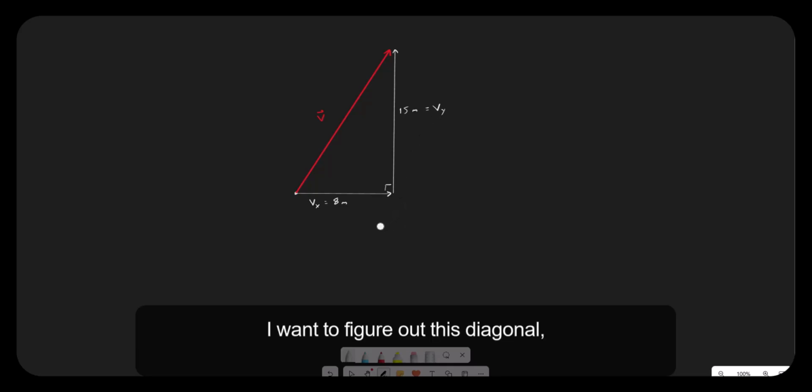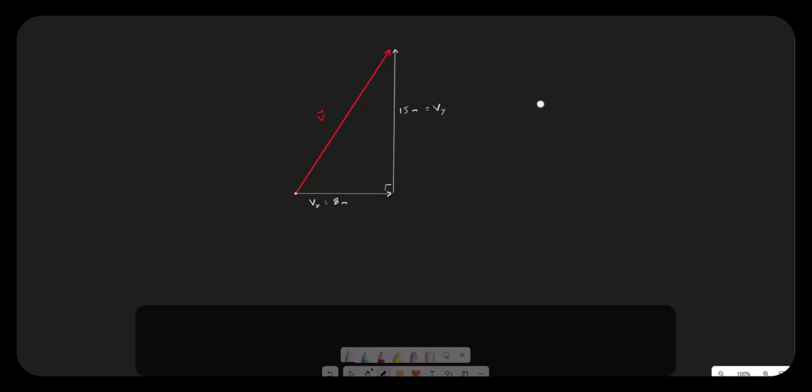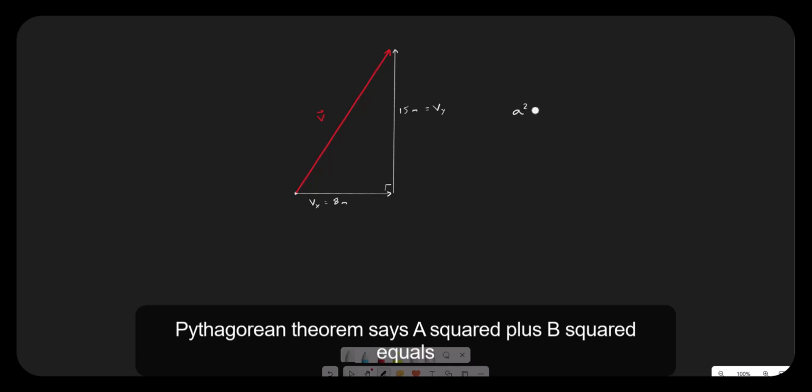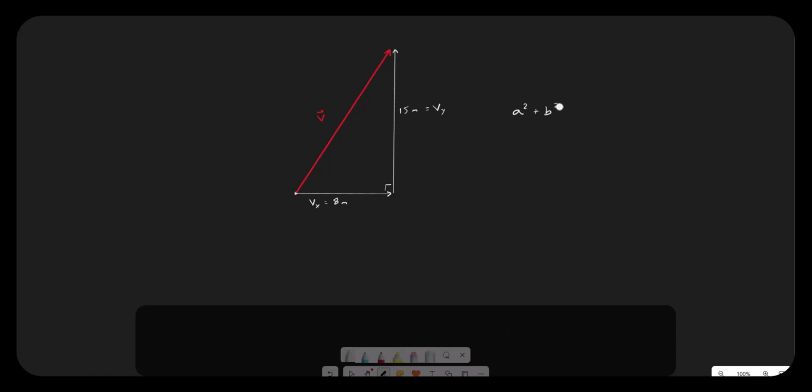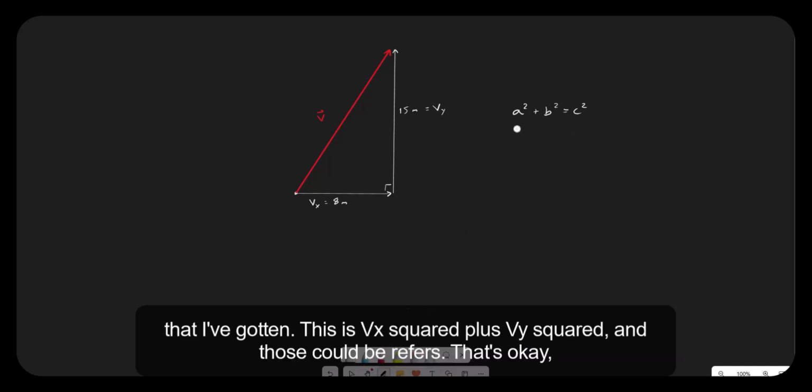I want to figure out this diagonal, the hypotenuse, so I am going to use Pythagorean theorem to get there. Pythagorean theorem says a squared plus b squared equals c squared, where c has to be the hypotenuse. So I'm going to put in the values that I've got.